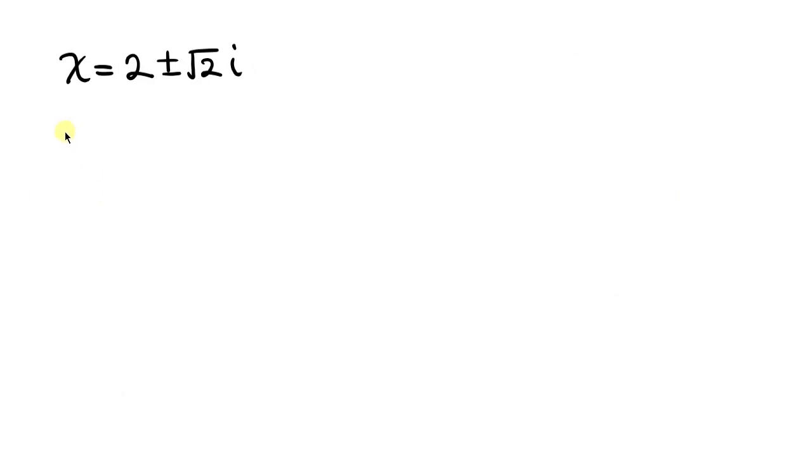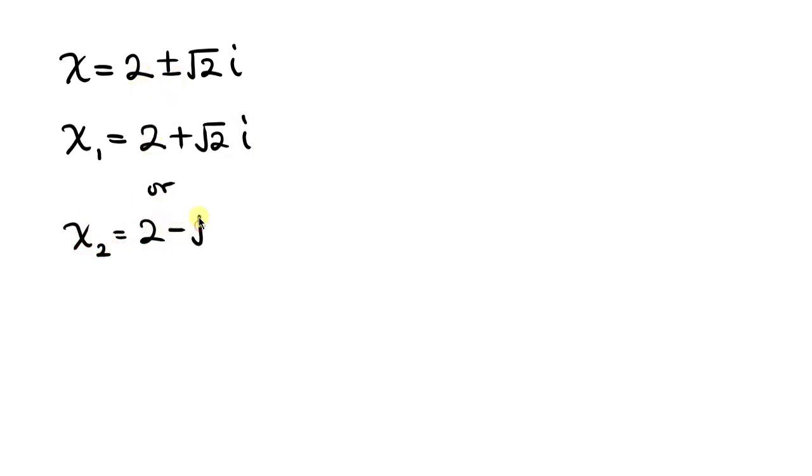The first value of x, we'll go with the positive: 2 plus root 2 i. And the second value of x, this time we go with the negative: 2 minus root 2 i.